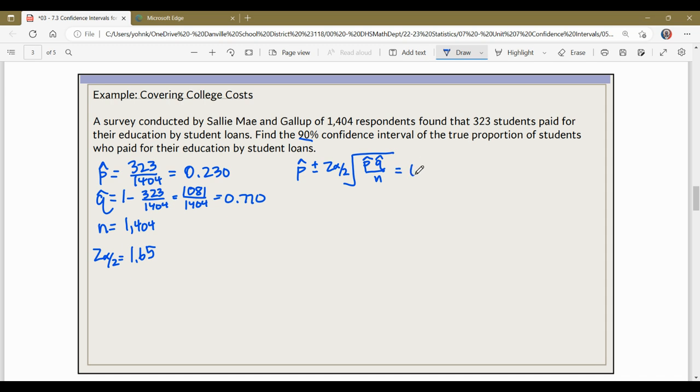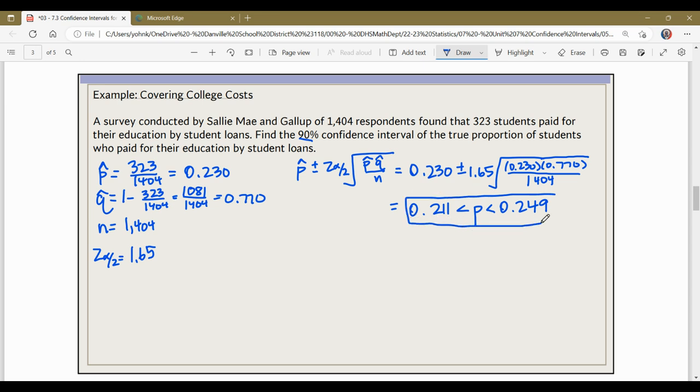So this is going to be 0.230 plus or minus 1.65 times the square root of 0.230 times 0.770 all over 1,404. If I type this into my calculator and round to 3 decimals, I get 0.211 is less than p is less than 0.249.